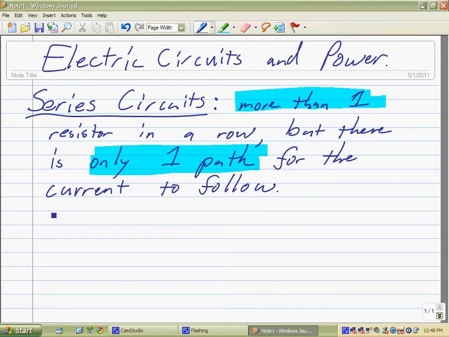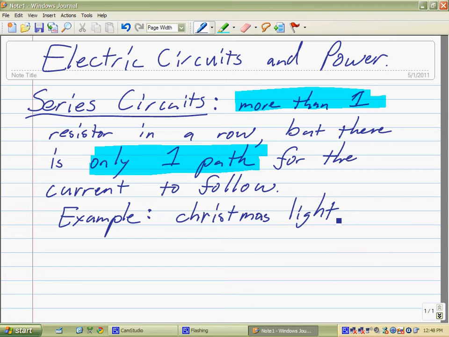So a great example of this are Christmas lights. Old-time lights, they're better now. Christmas lights were wired where they were in series, so there was only one path for them to flow.